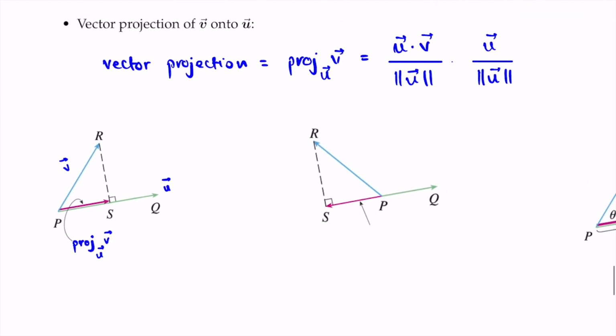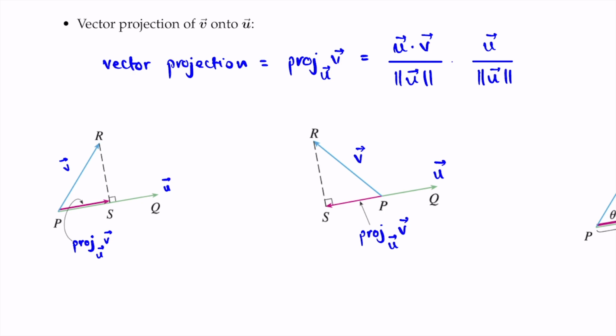In another scenario, if you have the two vectors pointing in this particular direction, and this is the vector v, and this is the vector u, and v is projected onto u, then the arrow in red is the projection vector of v onto u.